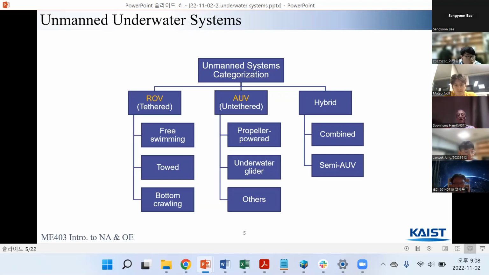So swimming means not crawling. Okay? And AUV is self-propelling, propeller powered. Or ROV also can use a propeller, but also it can be towed. And then underwater glider is one kind of AUV, and other types.